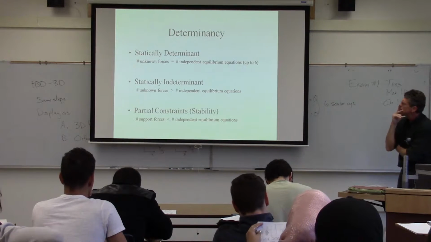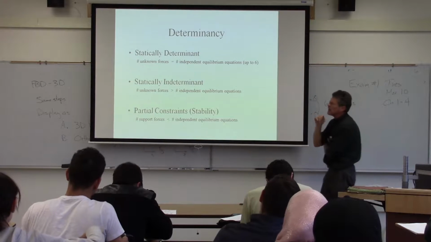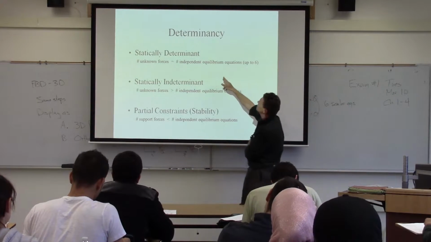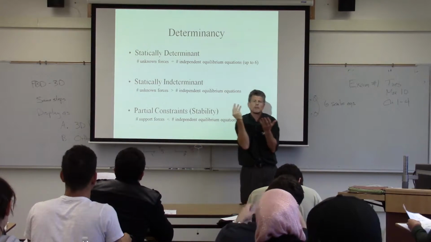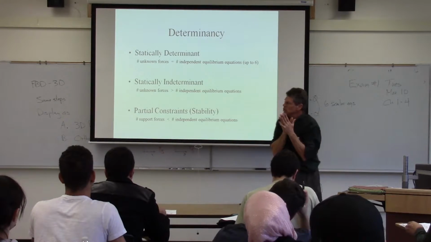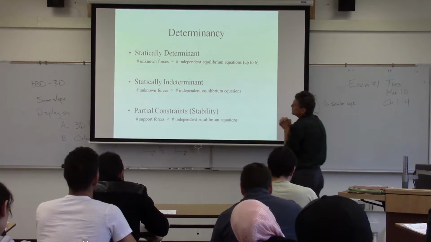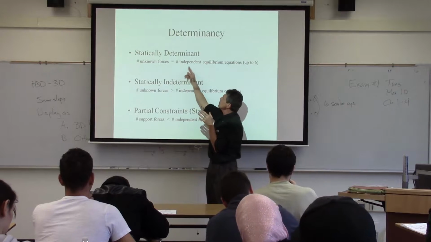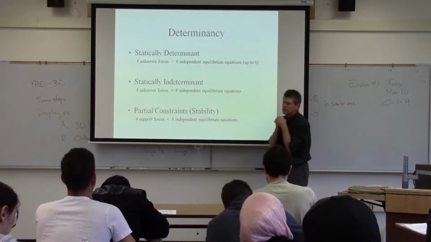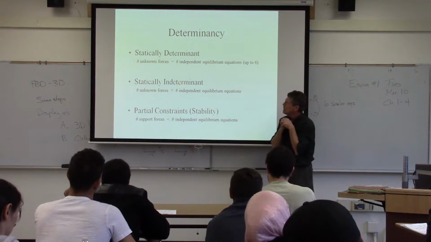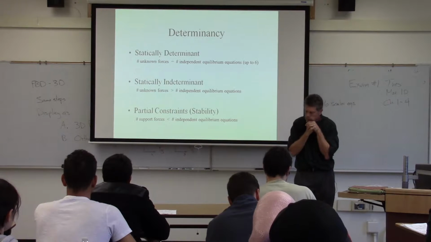Okay, and one last thing here. I don't think you have this in your notes, but it's static determinacy. It's basically the same thing we talked about in 2 dimensions. Statically determinate means basically the unknown forces and the number of independent equilibrium equations are equal.